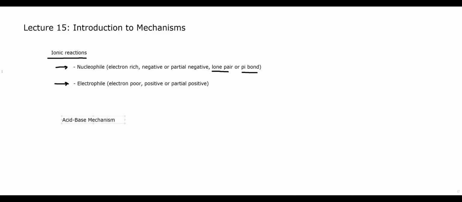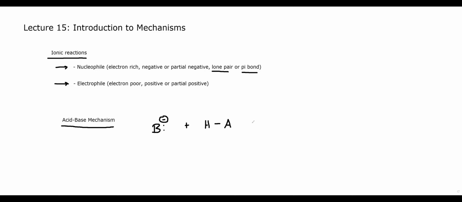If we recall from the acid-base lecture, we did a little bit of mechanistic work there. We would have a base that's negative, and we would have some sort of acid, and the acid would have a hydrogen on it. So this is just A for some acid connected to a hydrogen.